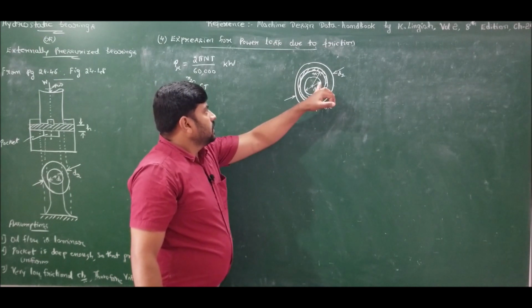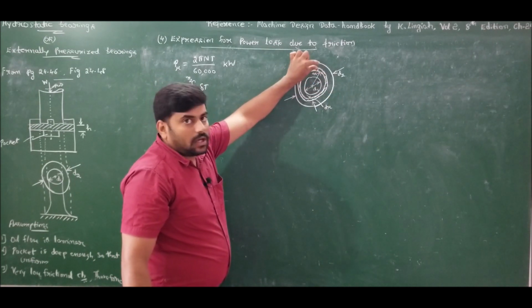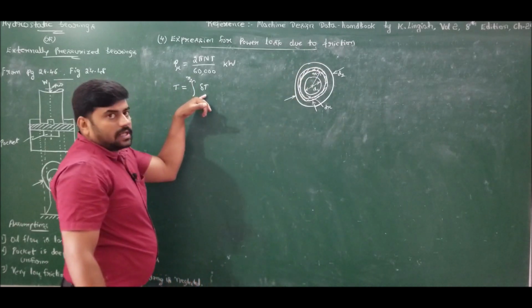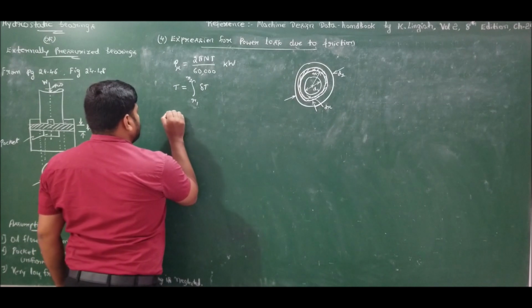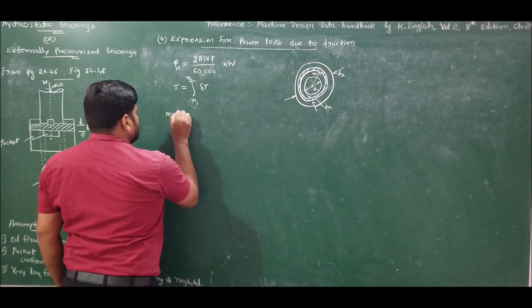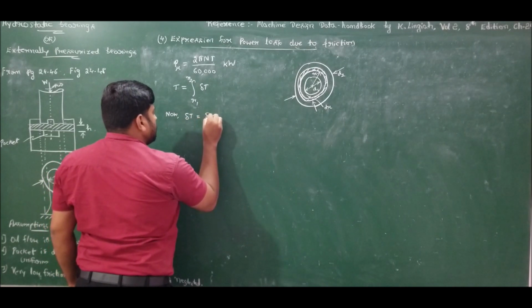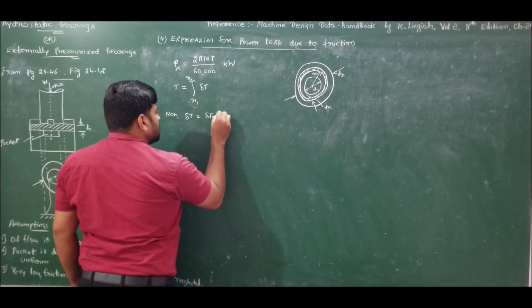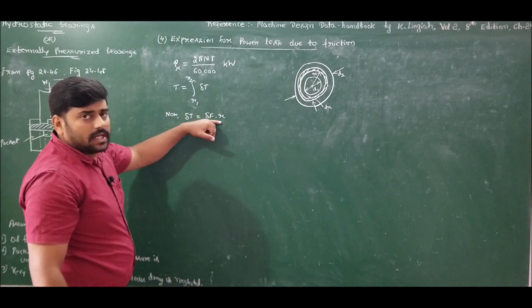To find the elemental torque, we know that frictional torque is equal to frictional force times the radius. So elemental torque is nothing but elemental frictional force times the radius.